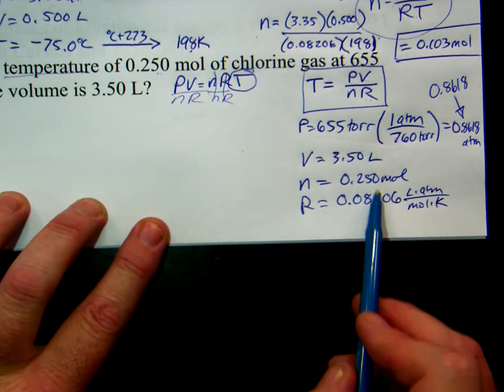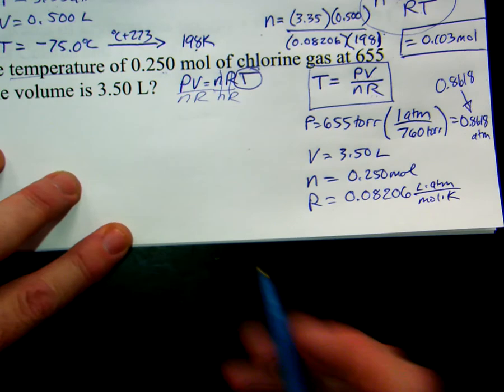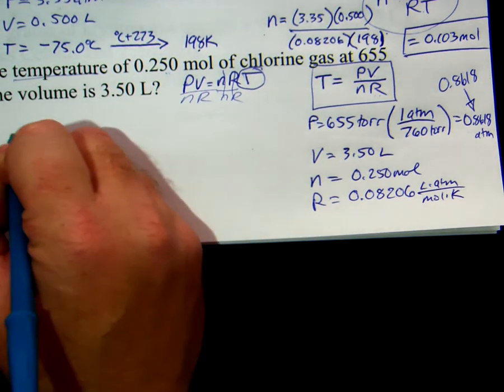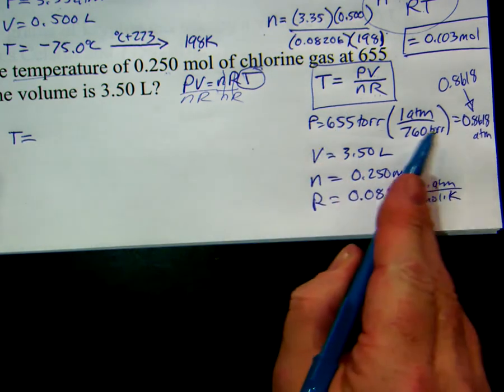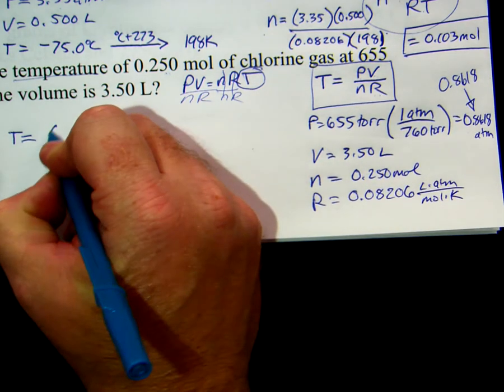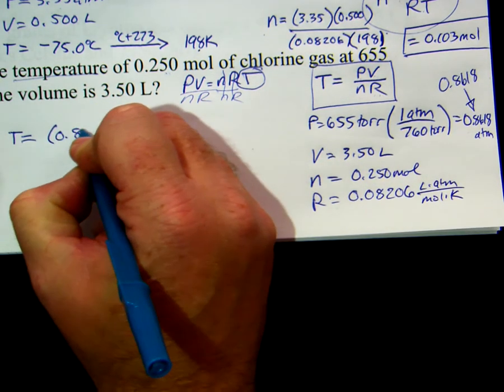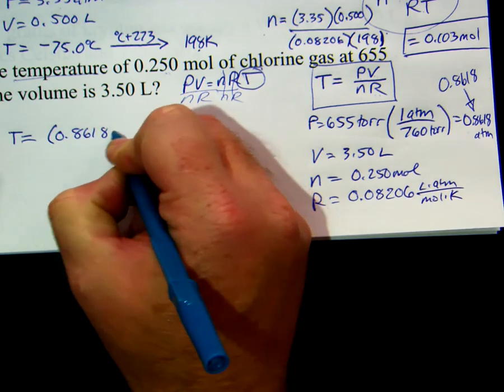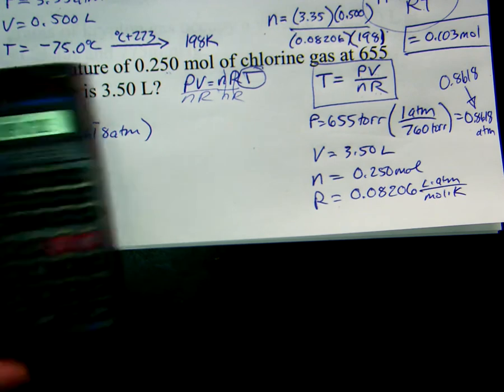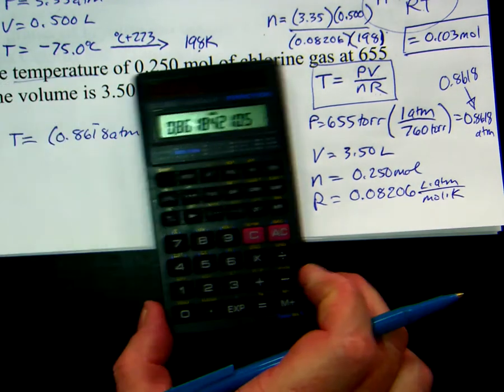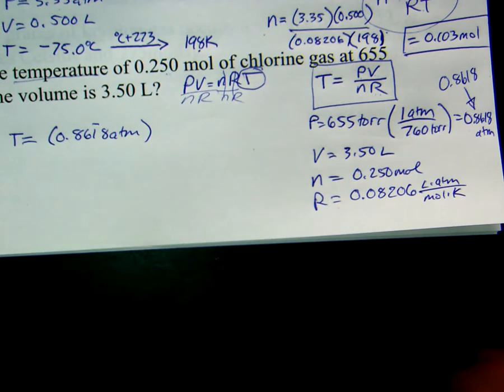I made sure they're in the right units, and now, hopefully, it's as simple as plugging those in to this equation and having it work out. So pressure, I'll use the units this time, 0.8618 atmospheres. Now notice I kept an extra sig fig, and even better yet, I kept that whole value in my calculator, and I'll use that.